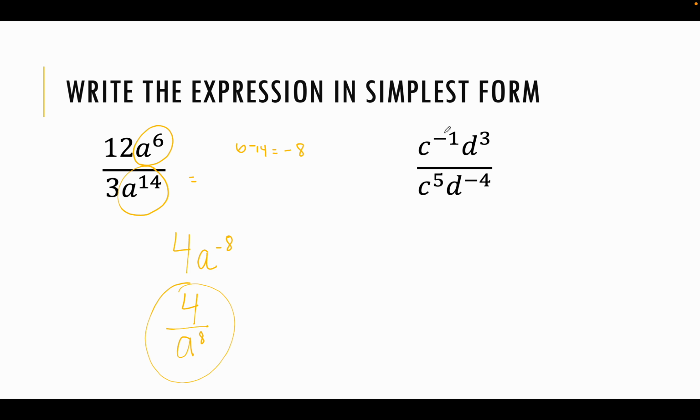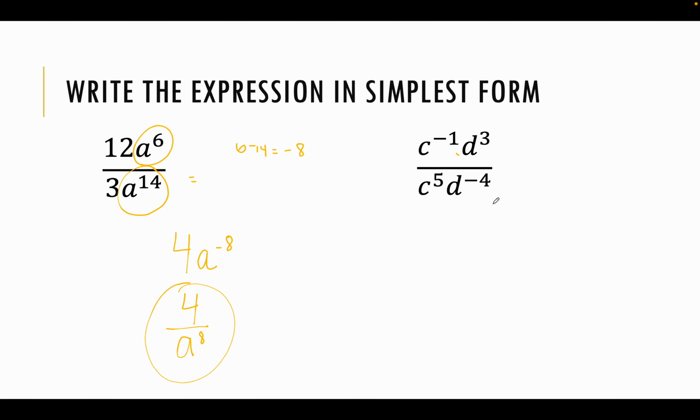For our second example, we have c to the -1st times d to the 3rd all over c to the 5th times d to the -4th. You could start by getting rid of the negative exponents first, or you can use the division rule first and then see if there's any negatives remaining.